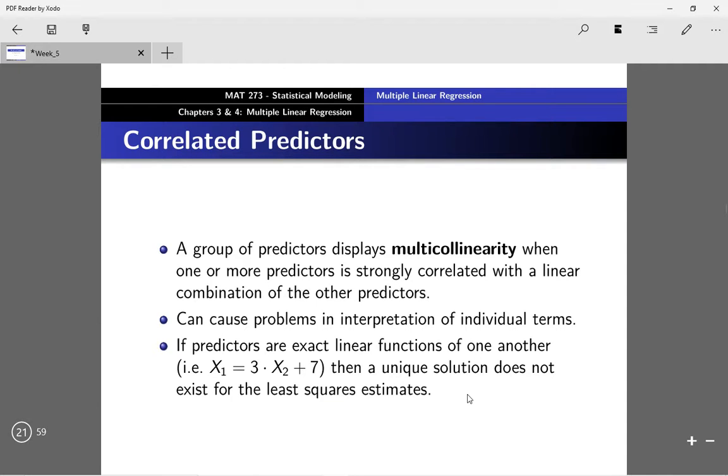There's not one unique set of regression estimates that solve this anymore, if the explanatory variables are a linear function of one another. So again, this causes problems in terms of interpreting the effect of an explanatory variable on the response.